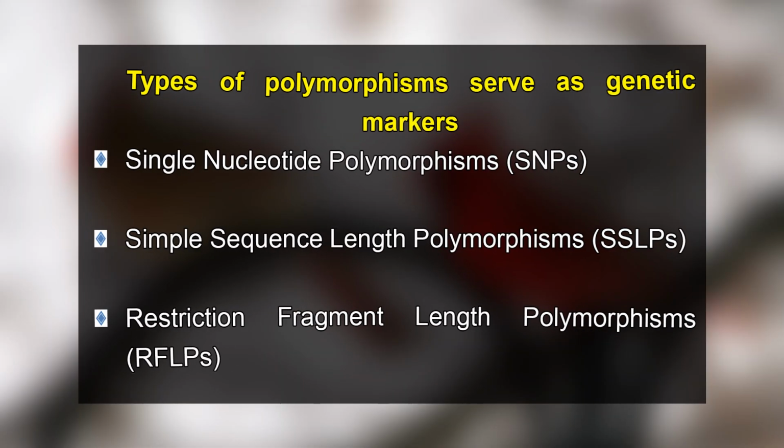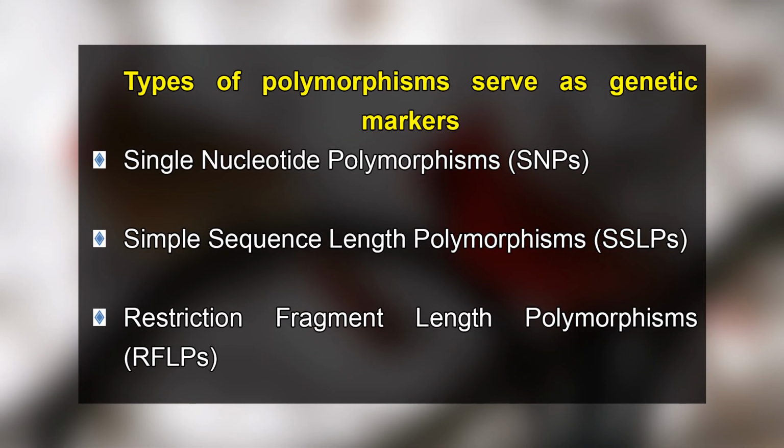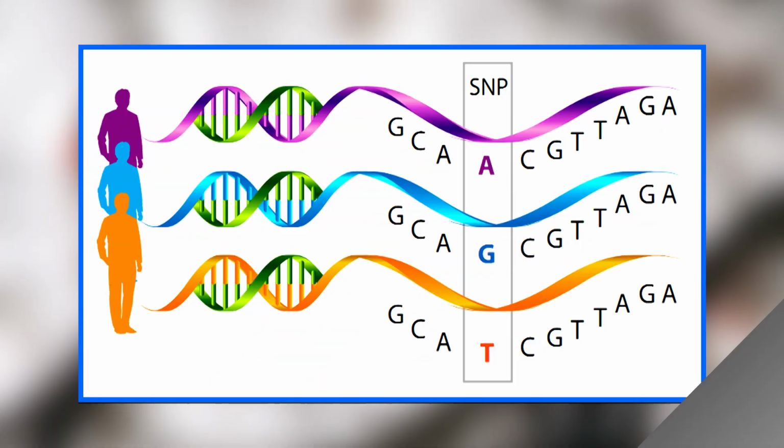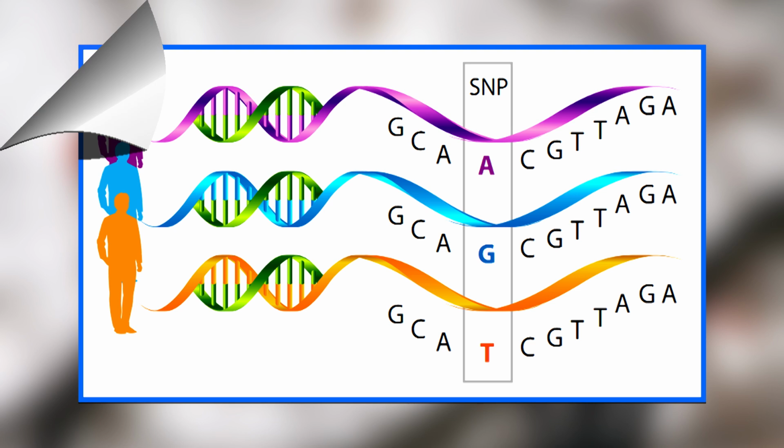Technological advances, especially in DNA sequencing, have greatly increased the catalog of variable sites in the human genome. Multiple types of polymorphisms serve as genetic markers, including single nucleotide polymorphisms, simple sequence length polymorphisms, and restriction fragment length polymorphisms. In the human genome, the most common types of markers are SNPs, STRs, and indels.